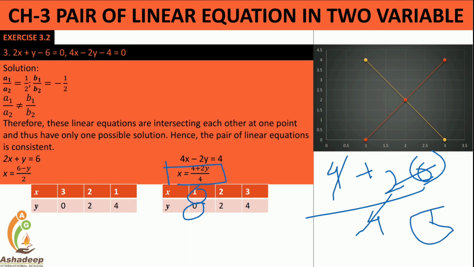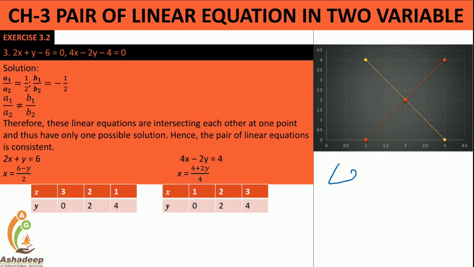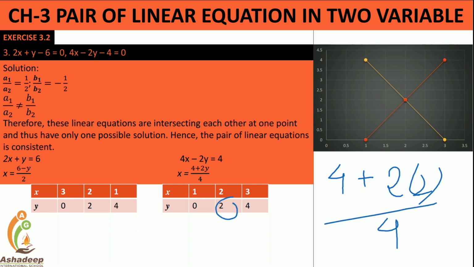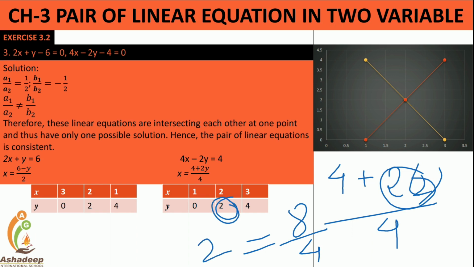Now it is 4 plus 2y divided by 4. Instead of y, what do we put? 2. So 2 2s are 4. So 4 plus 4 is 8. 8 divided by 4 is equal to 2. So here 2.